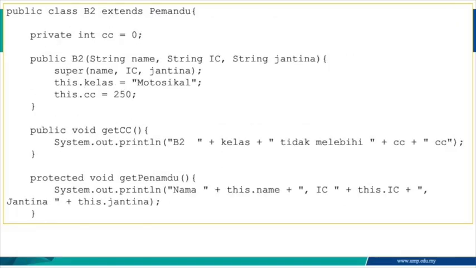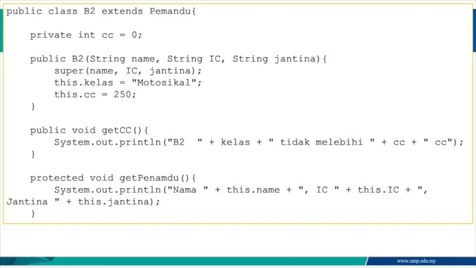And this is the class B2. Class B2 extends Pemandu. This specific class B2 is for the type of class, for example, B for cars, D for motorbike, something like that.